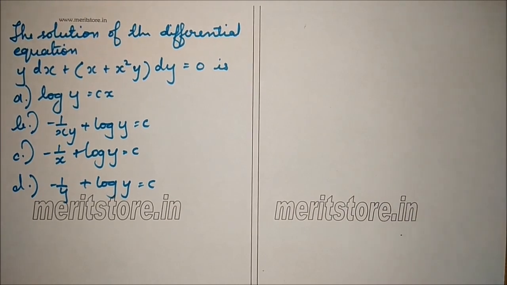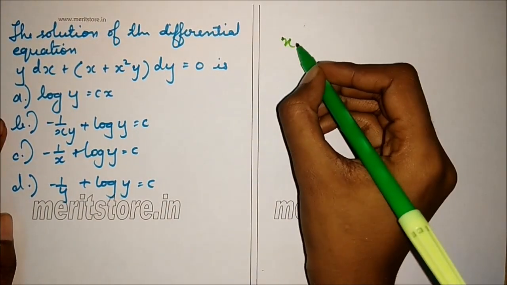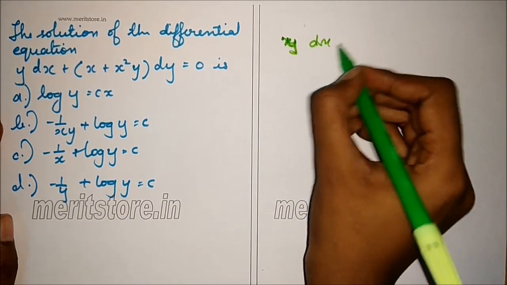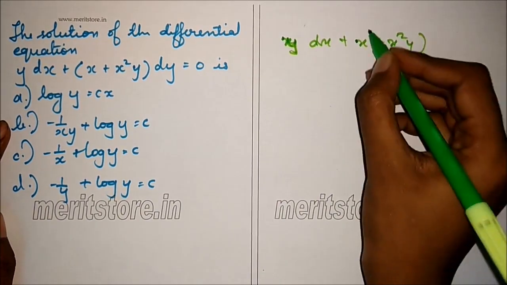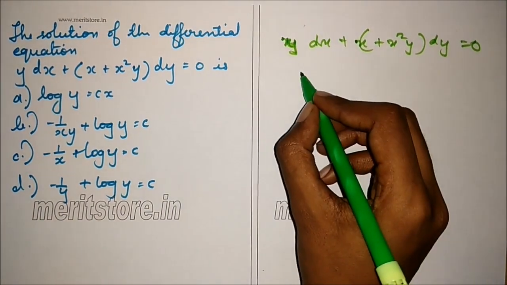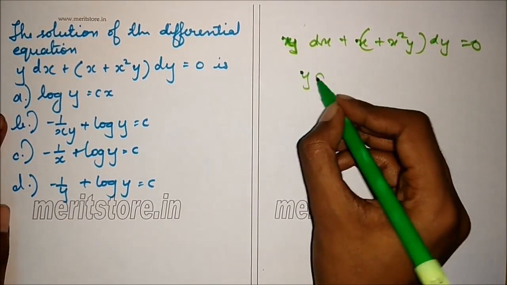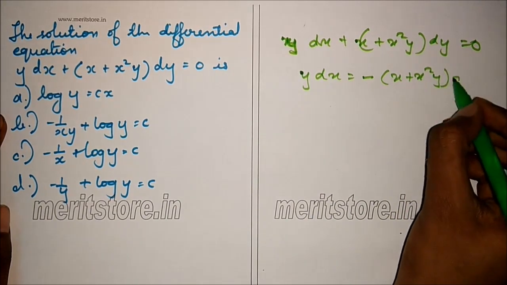Solution of the differential equation y dx plus x square plus xy dy is equal to, so given is y dx plus x square y dy is equal to 0. So shuffling terms, we get y dx equals minus of x plus x square y dy.